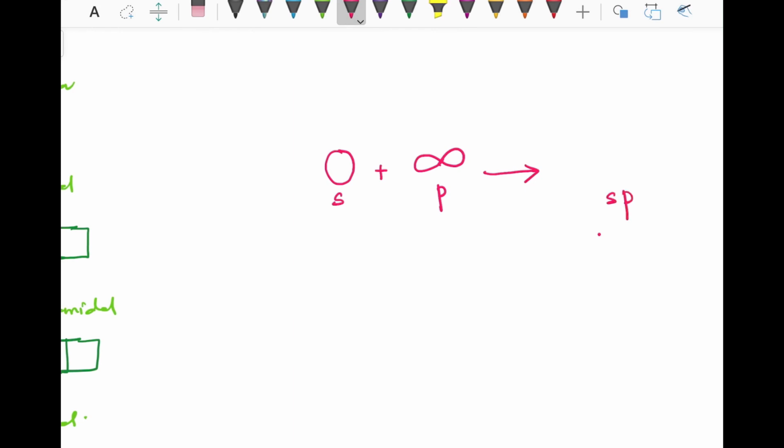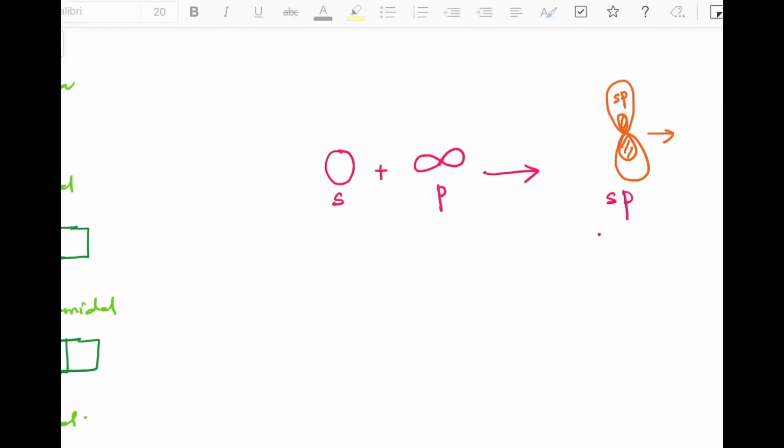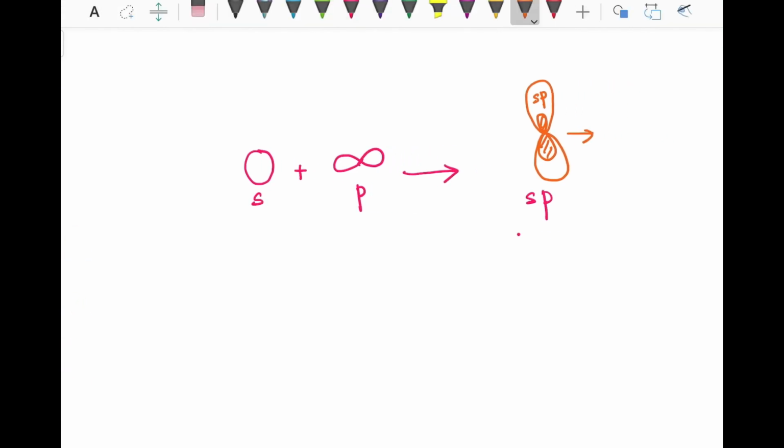The sp orbital does not have the identity of spherical or dumbbell. The shape is like this actually, in the form of a loop. This is sp, and the other one also produces the same. Because of that, we use this diagram to represent sp. One loop is sp, this is also sp. We have two boxes, so we have two loops.